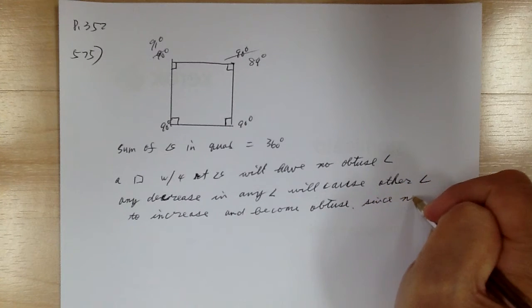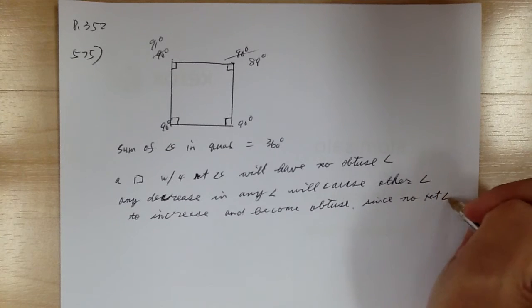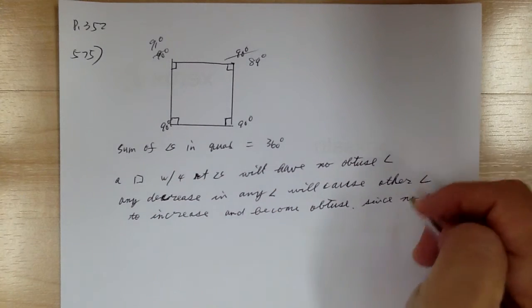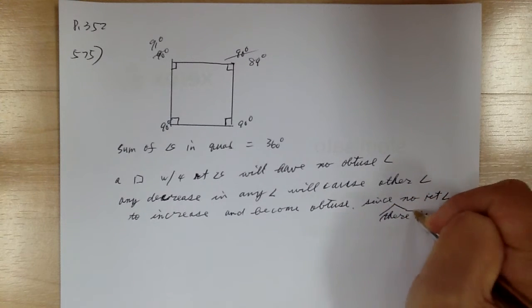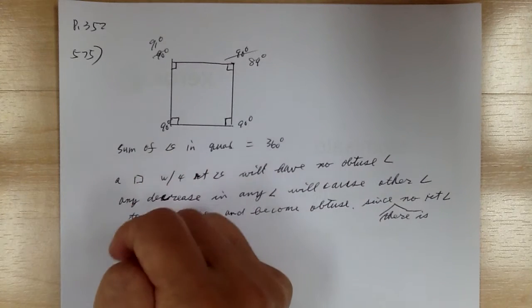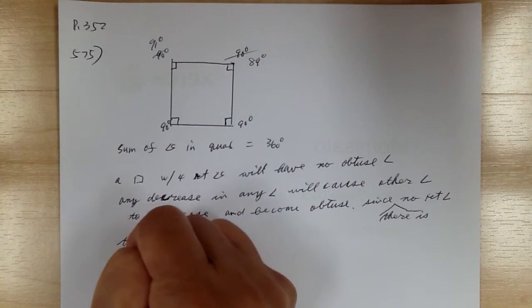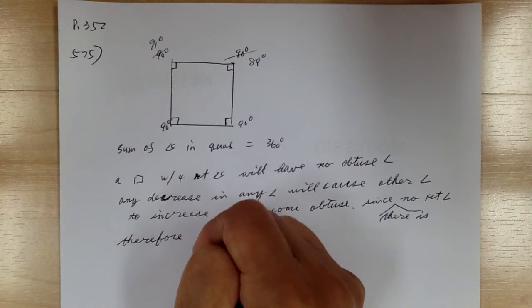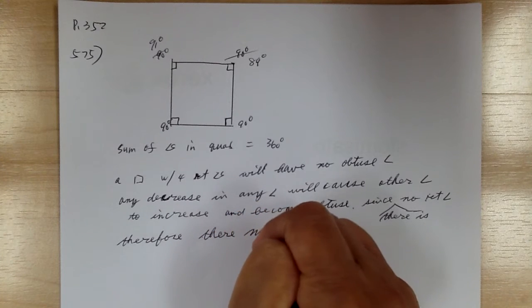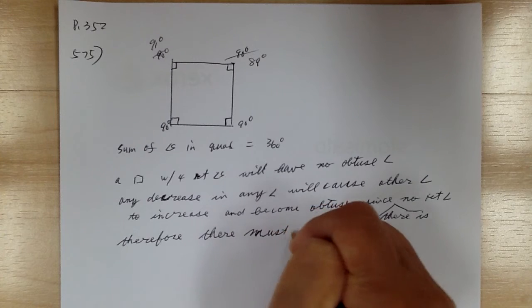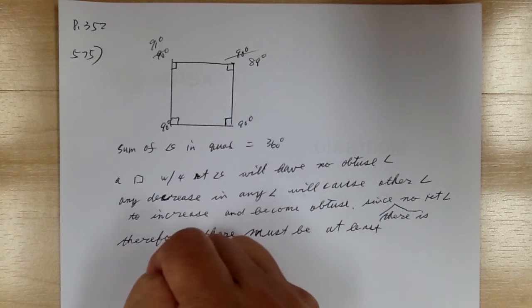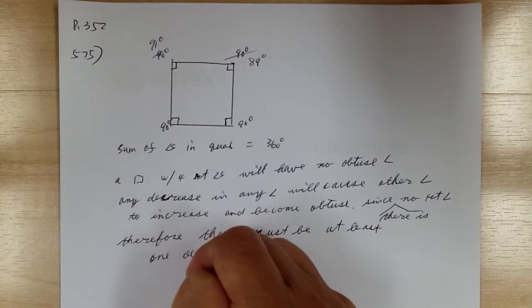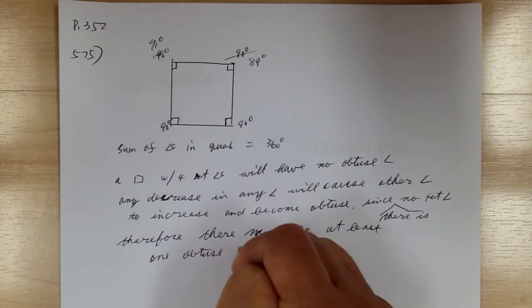And since there is no right angle, therefore there must be at least one obtuse angle.